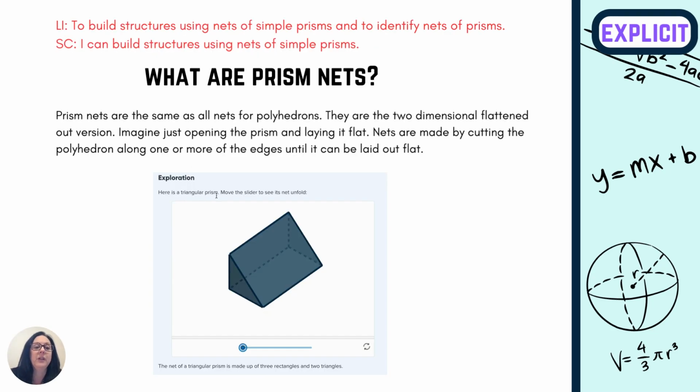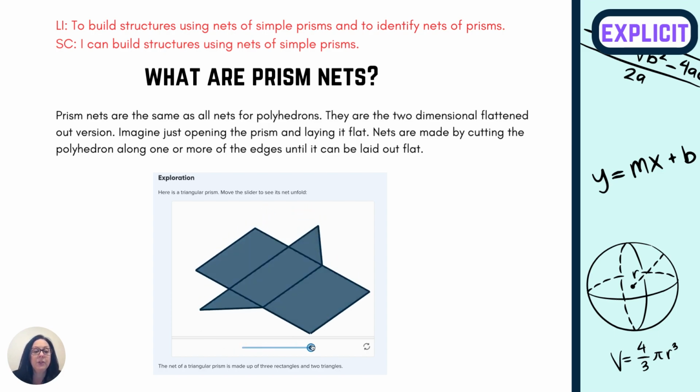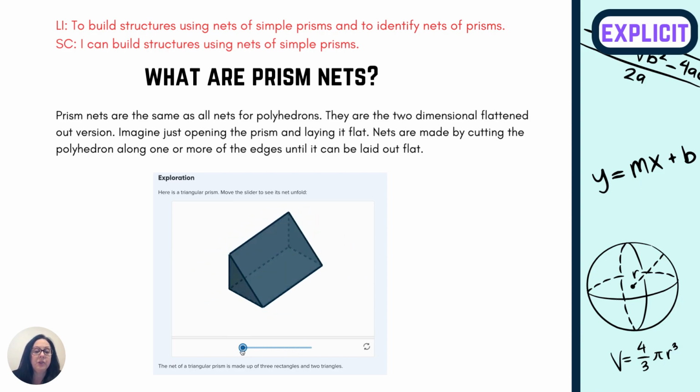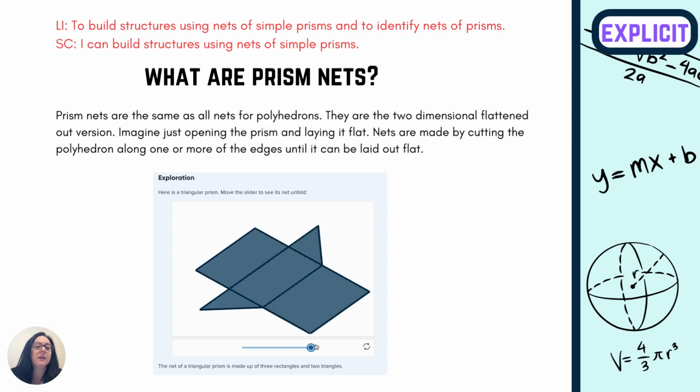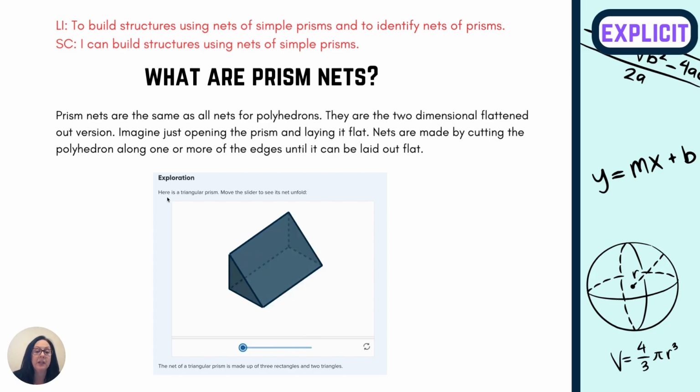Now we're having a look at what prism nets are. Prism nets are the same as all nets for our polyhedrons. They are two-dimensional flattened out versions. As you can see in the video below, it's shown you our triangular prism as a solid and what it looks like when it's flattened out.